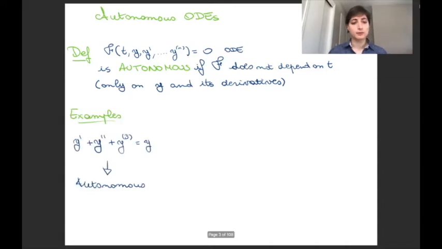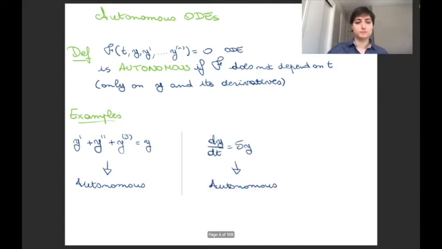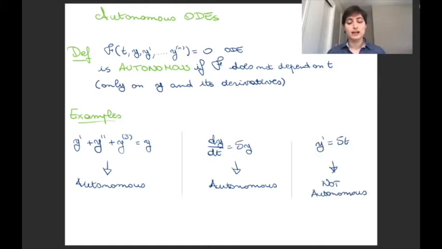So for example, if you have something like y prime plus y second plus y to the third equals y, this is an autonomous ODE. If you have dy dt equals 5y, this is again an autonomous ODE. While if you have something like y prime equals 5t, well, t actually appears explicitly in the definition of the ODE, so it's not autonomous.